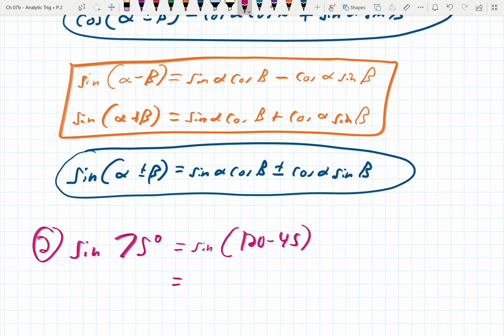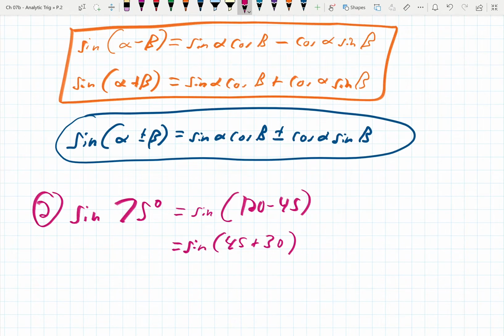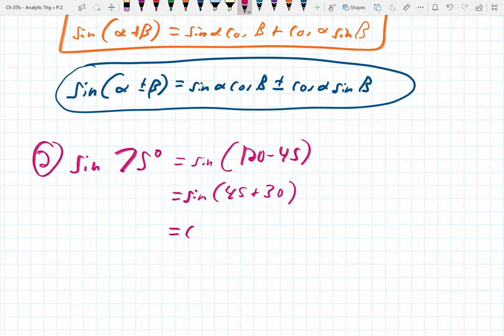You could express this as the sine of 45 plus 30. You could express this as the cosine of 90 minus 75. Do you see all the different ways that you can do this? That last one's the cofunction identity. The sine of an angle is the cosine of the complement.